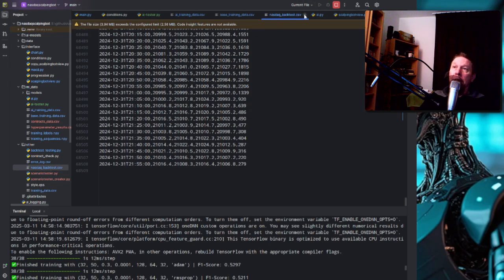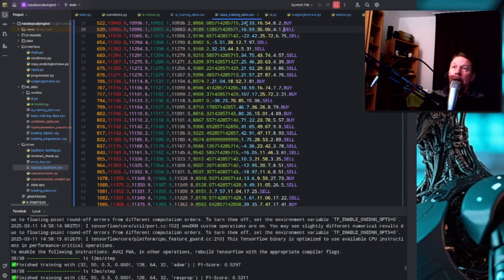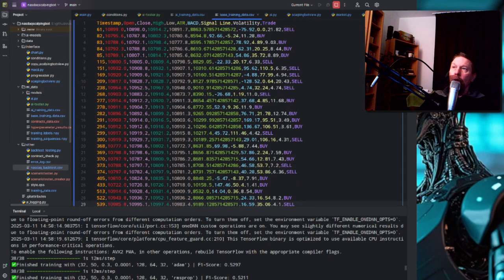From the backtest CSV, we get the base training data. These are not all the candles, these are all the successful trade moments from our current strategy against the last 2 years of 5-minute candles.